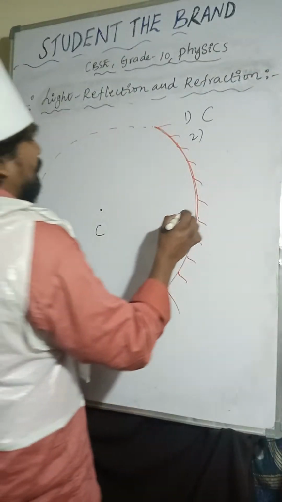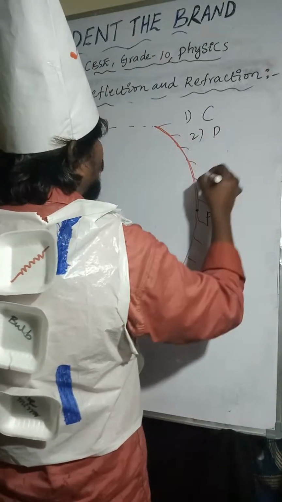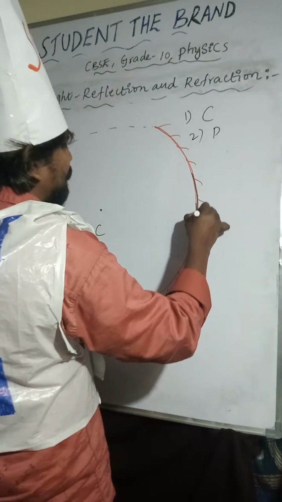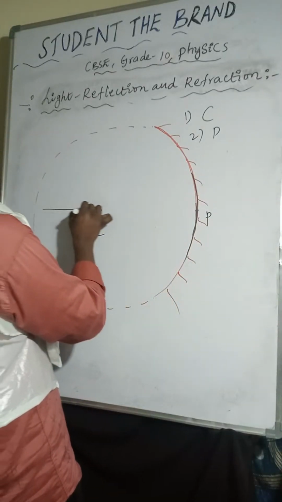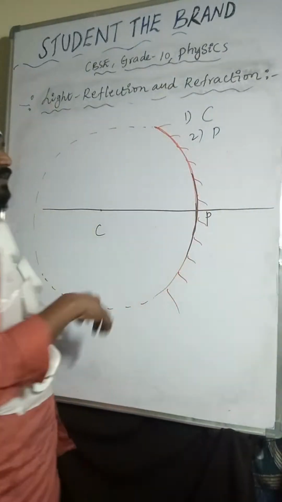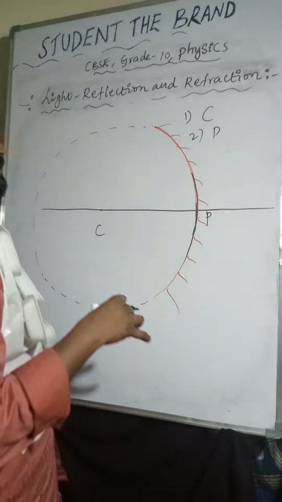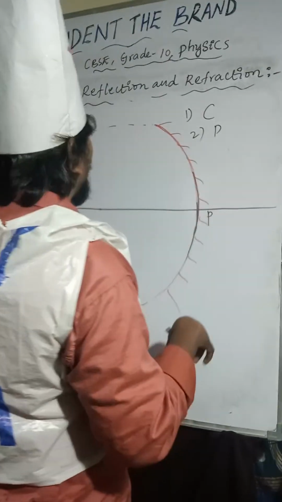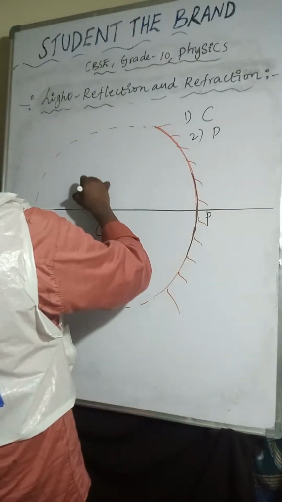The midpoint of the mirror is called the pole. The line joining the center of curvature and the pole is called the principal axis.